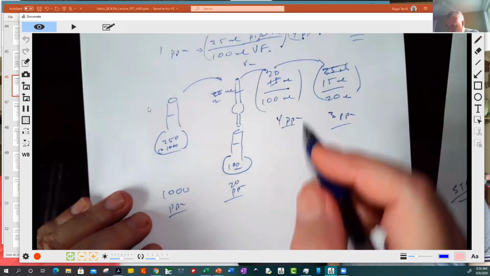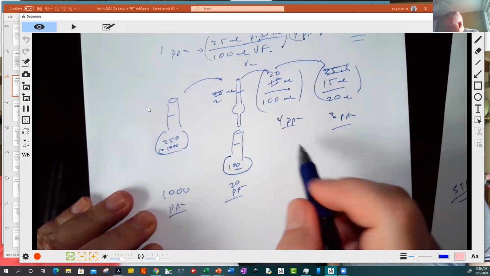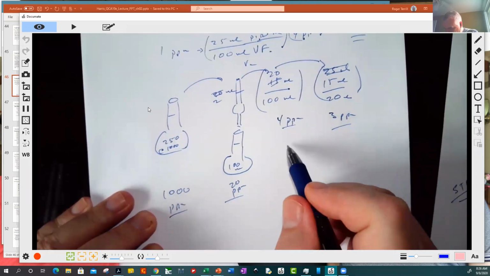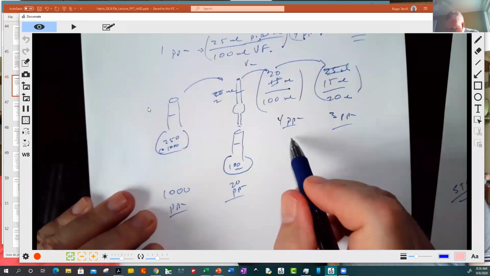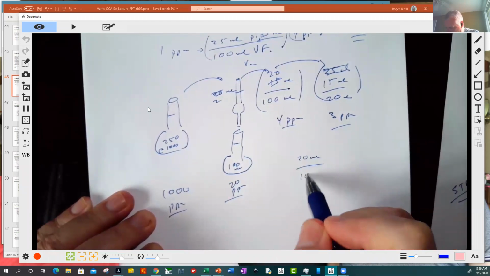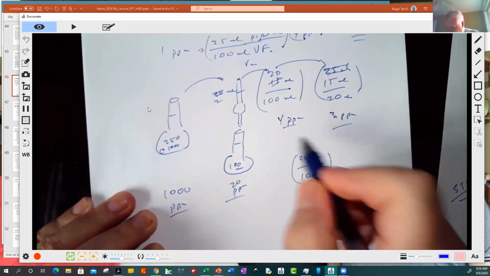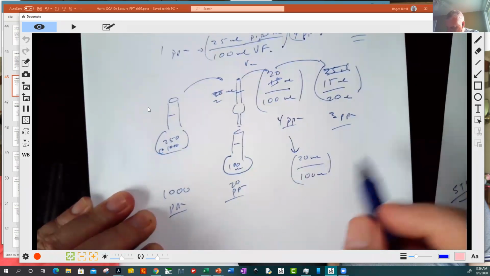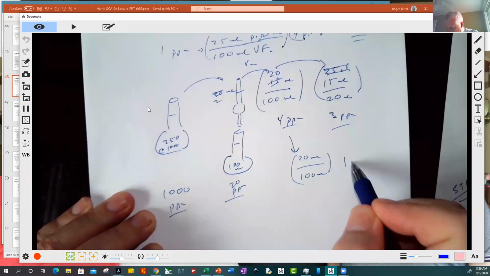Then to do 4 to 1, you can just take 25 mLs and then 100 mLs. So this will be 1 ppm.